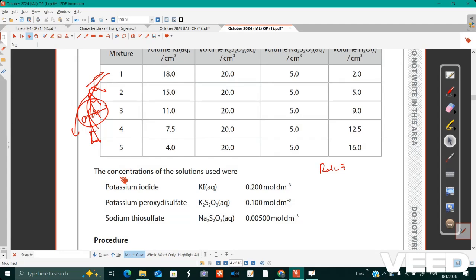So at the end of the day, deducing reaction mechanism is the purpose of doing these rate experiments, right? Without knowing the mechanisms, we can't synthesize new molecules.